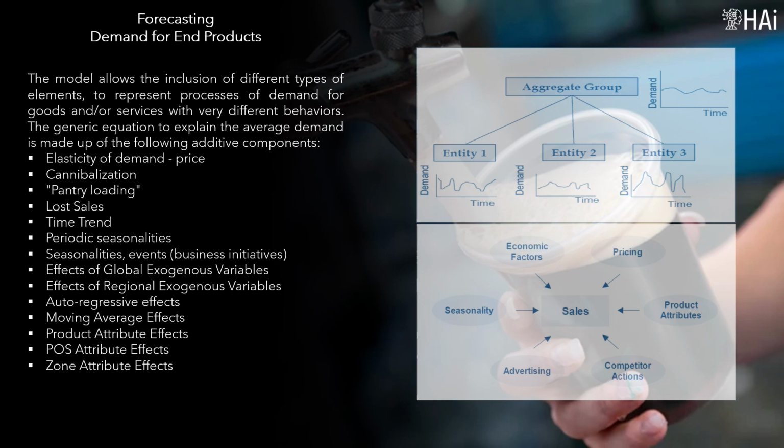Seasonalities of events, or business initiatives. Effects of global exogenous variables. Effects of regional exogenous variables. Autoregressive effects. Moving average effects. Product attribute effects. POS attribute effects, and zone attribute effects.